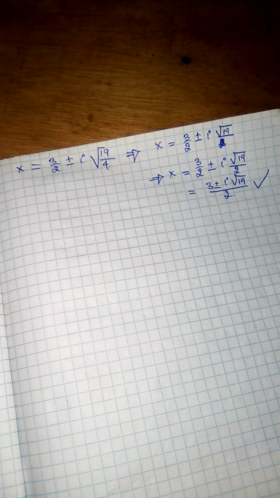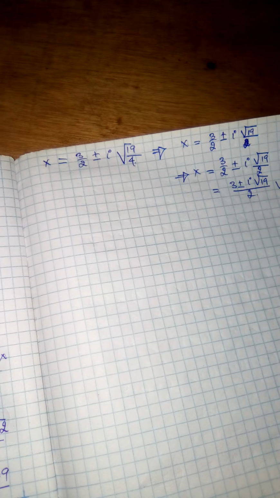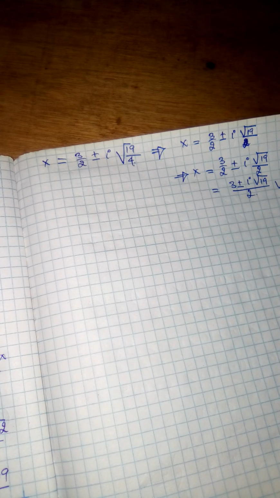In the next video we shall see the operations of complex numbers and why this i was introduced in this set of numbers, so that all confusion would be cleared.